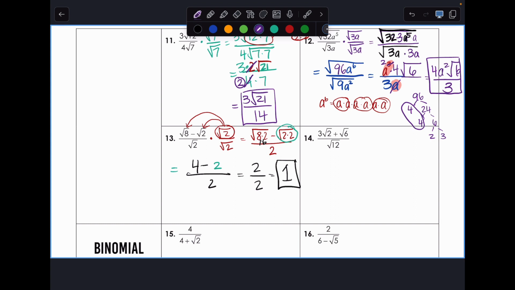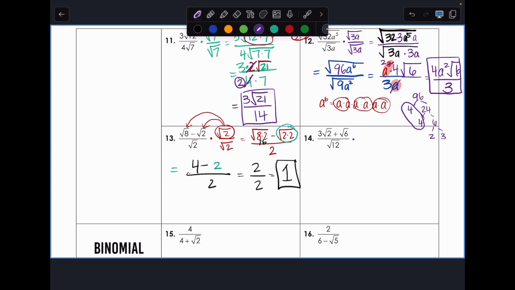Okay, I'm going to multiply numerator and denominator by the radical in the denominator. Rad 12 times rad 12. Oh, is rad 12 simplifiable? Yeah. Square root of 12? 2 root 3. Yeah, why don't we do that so we have smaller numbers to work with, right?